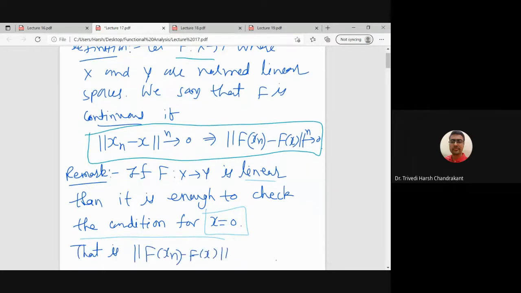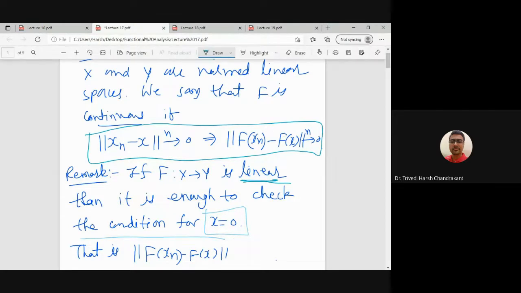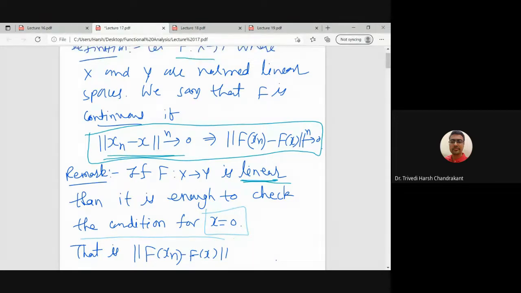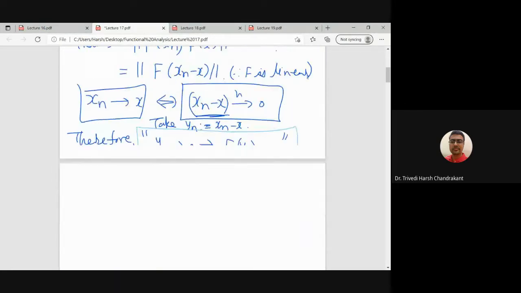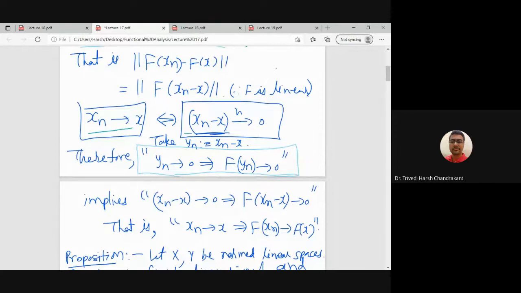If we assume one more condition, that f is a linear function, then instead of checking all sequences, it is enough to check only those sequences which converge to 0. That means we need to check continuity at x0 equal to 0 only. Because if xn converges to x, we get a sequence which converges to 0, and if f is continuous at 0, then f(xn) converges to f(x).